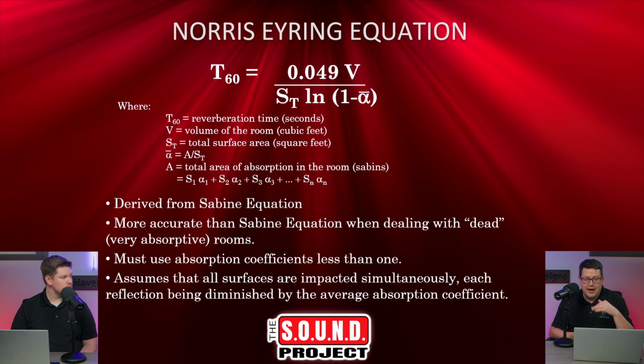And you divide that whole thing by the total surface area in square feet. That's the ST value. And then you take the natural log of 1 minus the absorption coefficient. And that absorption coefficient there is the total area of absorption divided by the total square footage of the wall surfaces and ceiling surfaces and floor.